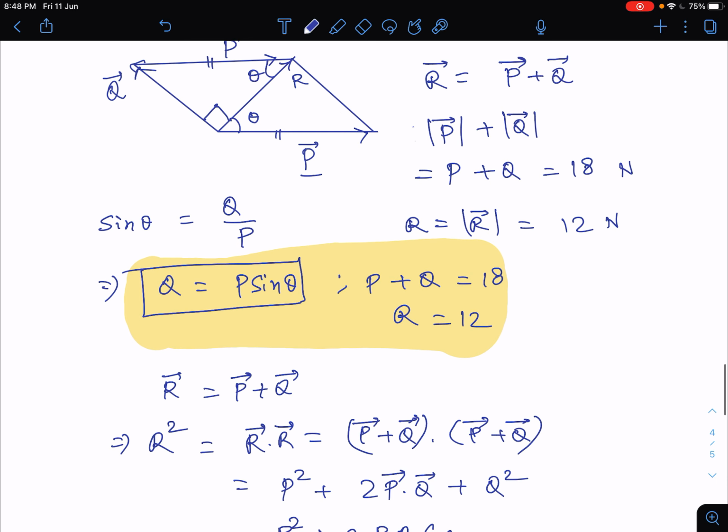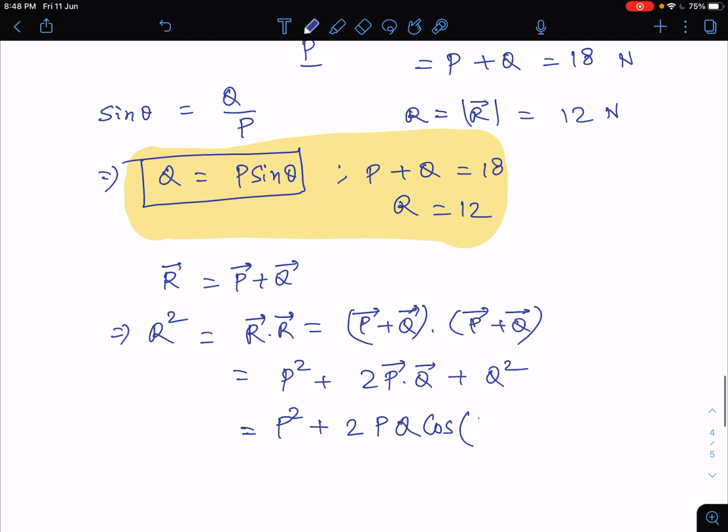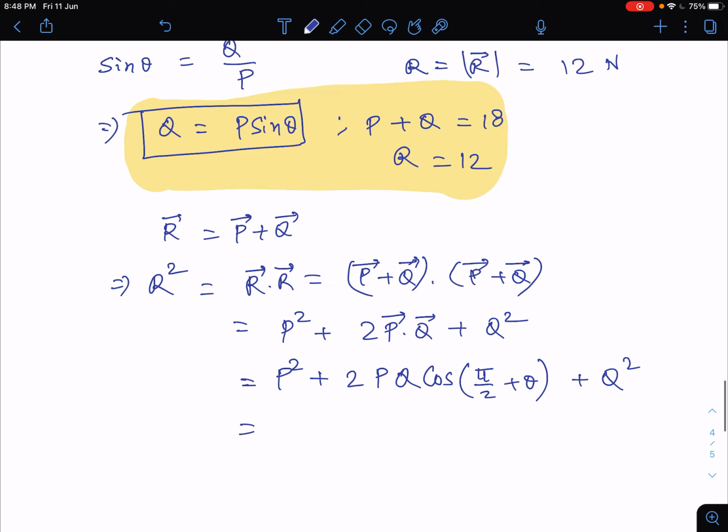What is this angle? This angle is nothing but 90 plus theta, right? So that is cos of pi by 2 plus theta. So R square is P square, and cos of pi by 2 plus theta is minus sin theta, so minus 2PQ sin theta plus Q square.